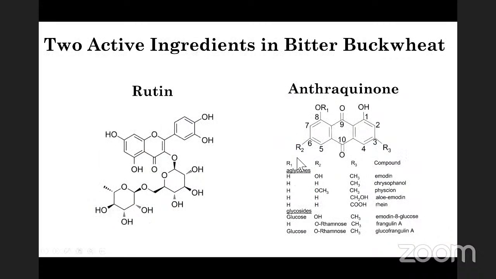The second question is how the tartar buckwheat can produce the rutin and isoquinone compounds. Glucoside is the final form of the rutin and emodin in tartar buckwheat. This glucoside can determine their pharmaceutical functions.